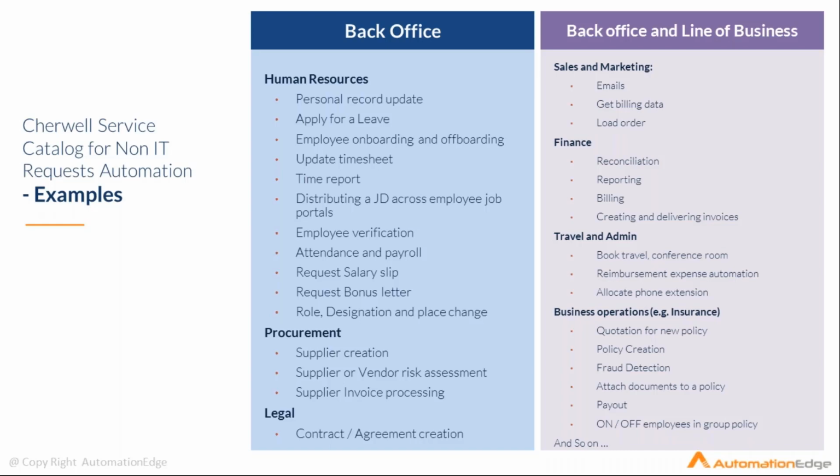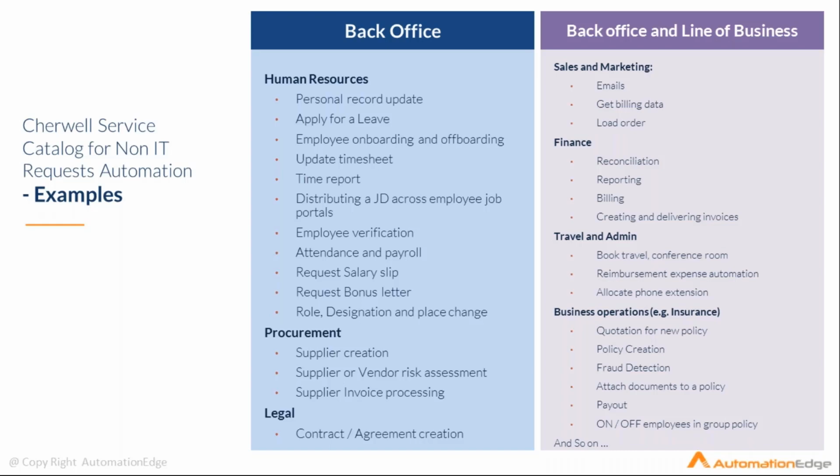Instead, if they submit a spreadsheet through the Cherwell system as a request, the software robots of AutomationEdge can pick up that request. They can go into that ERP or timesheet application, navigate to a screen, and enter all the information available in the timesheet. And for the end user, it's just uploading a spreadsheet through a service request, and that's all.